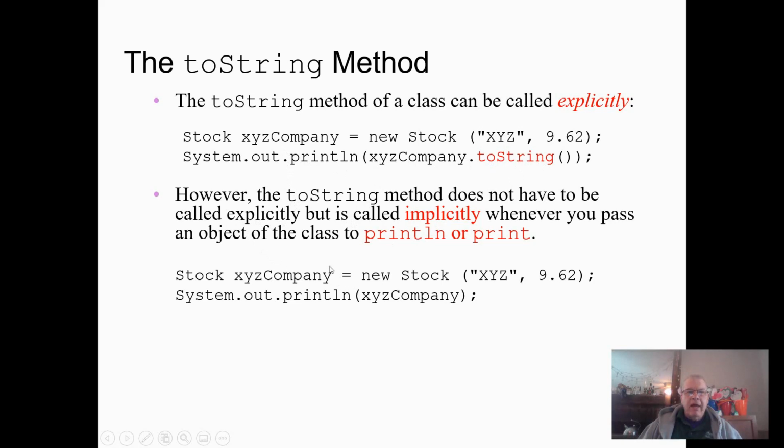Anytime you pass the object to println or print, or actually anything that prints it, you implicitly call the toString method. So all you have to do is pass the XYZ company, and it will print XYZ and whatever the toString method says.